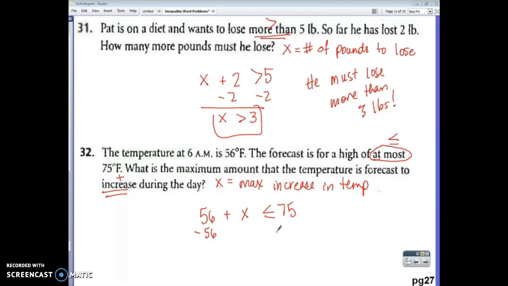So subtract 56, I get X is less than or equal to 19. So the max increase of temperature is no more than 19 degrees Fahrenheit.